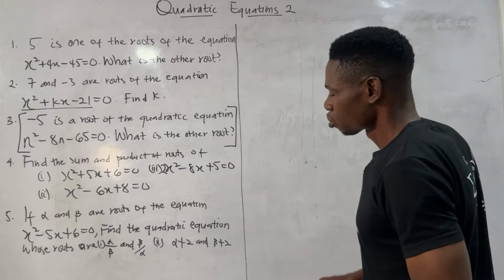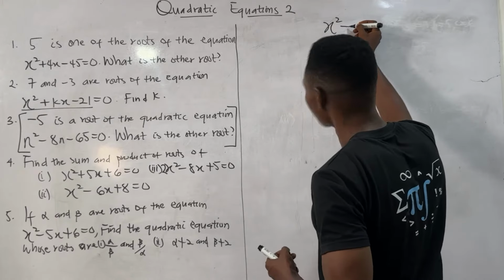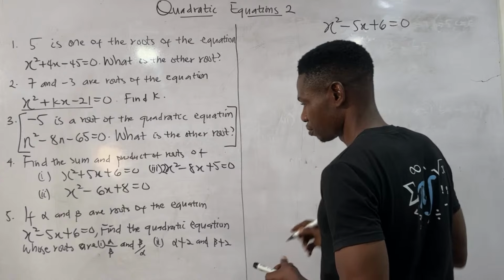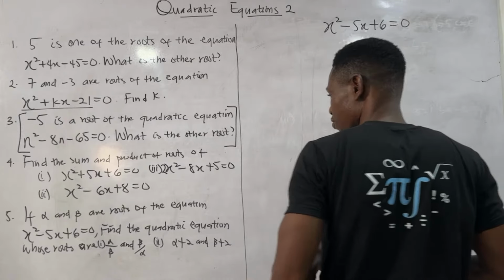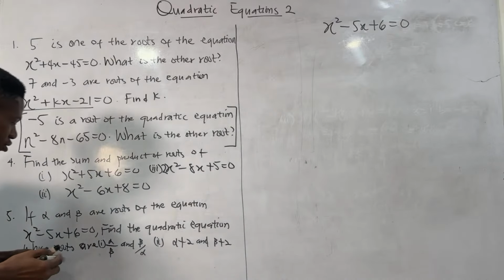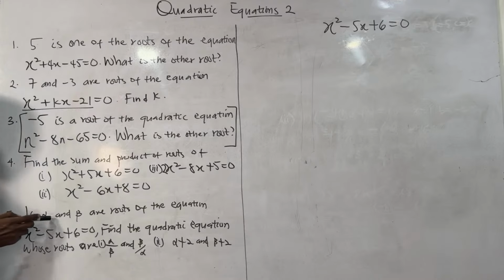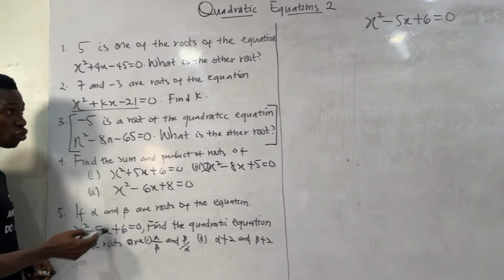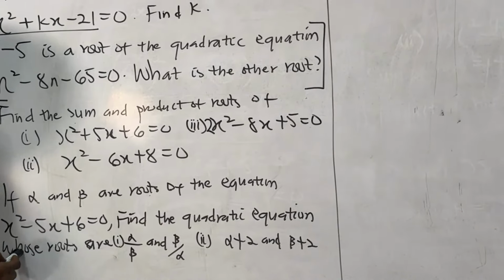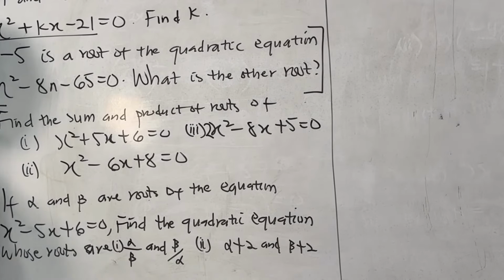Okay, so we have a new equation that says x squared minus 5x plus 6 equals 0. Now the question, number 5, says that if alpha and beta are the roots of this equation, find the quadratic equation whose roots are alpha over beta plus beta over alpha.